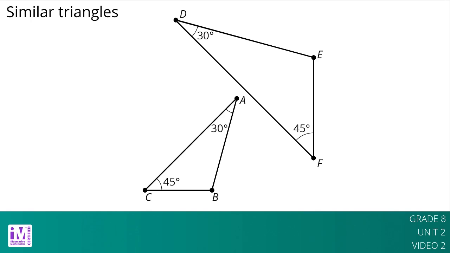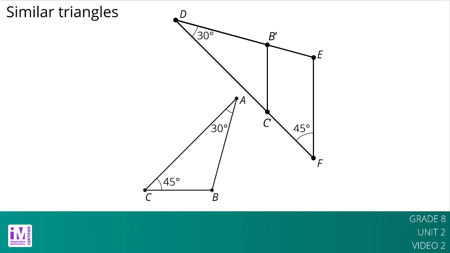We can translate A to D and then rotate so that the two 30-degree angles are aligned. Notice how corresponding sides AB and DE are aligned, along with corresponding sides AC and DF.